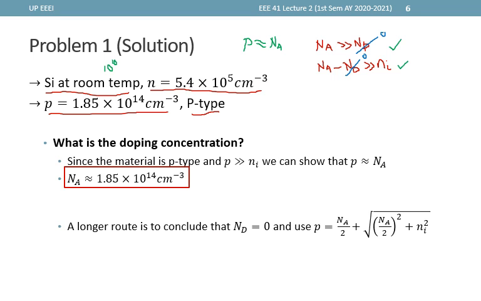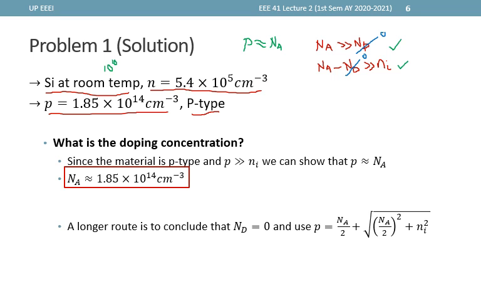The long formula for p is (Na minus Nd) over 2 plus the square root of ((Na minus Nd) over 2) squared plus Ni squared. Since Nd is 0, that simplifies to Na over 2 plus the square root of (Na over 2) squared plus Ni squared.